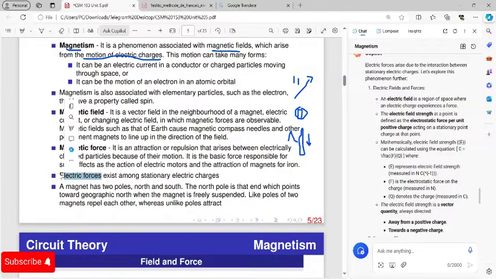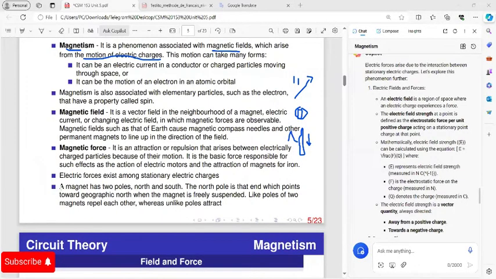We have different kinds of electric forces, such as what we call electrostatic force between stationary charges. So electric forces can exist among stationary electric charges, but not magnetic force. Take good notice of that.